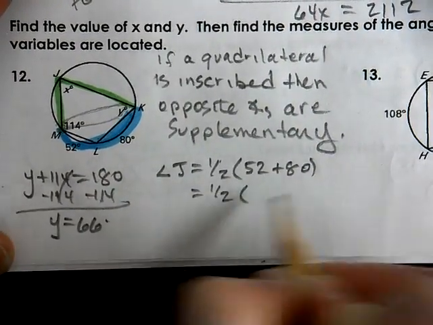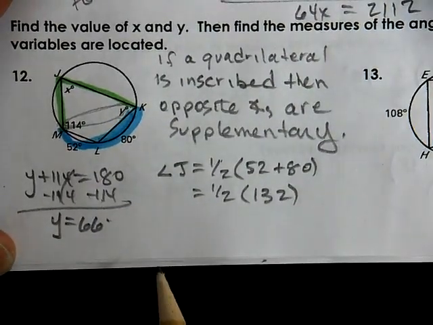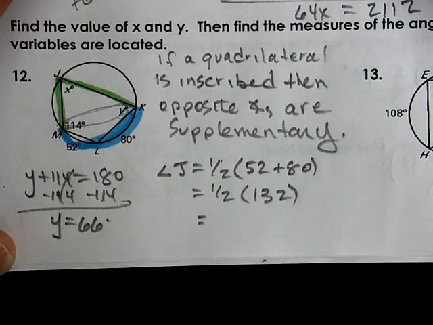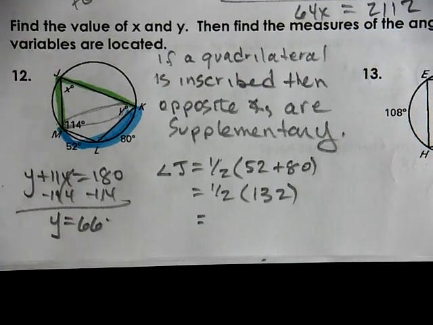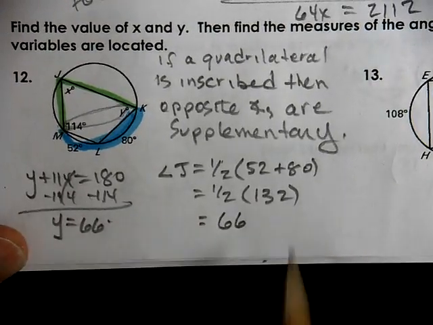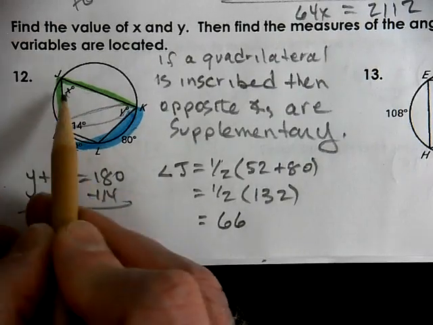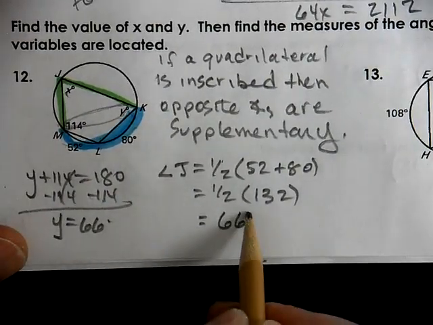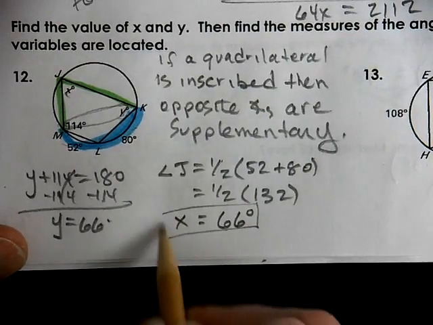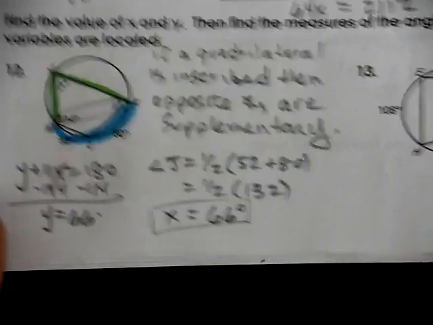It's going to be half of 132. 66. So that's the measurement. It's half the blue arc. So J is half the blue arc, so X is half of J.